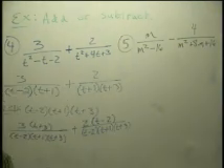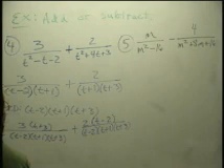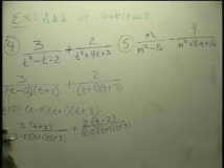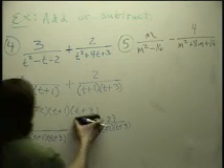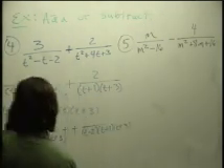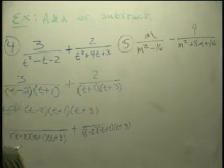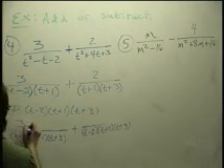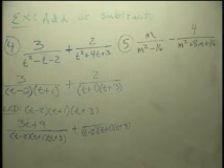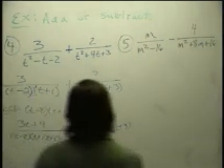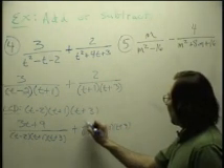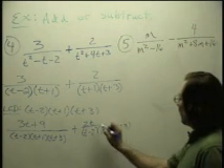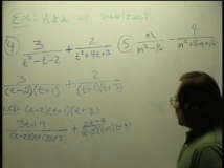And so we get, let me just rewrite this as 3t plus 9, and I'll rewrite this as 2t minus 4.